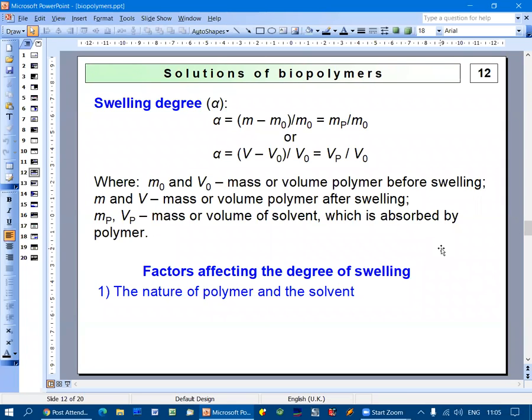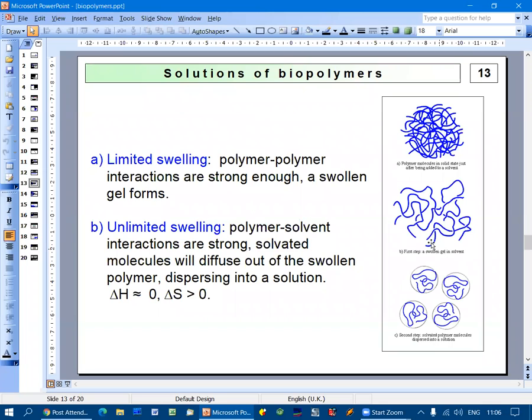What else? Oh, I forgot. If polymer-polymer interactions are strong enough, you won't see the second stage of swelling. You just get a gel.